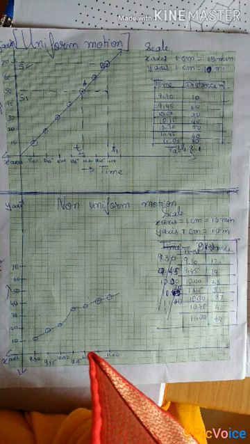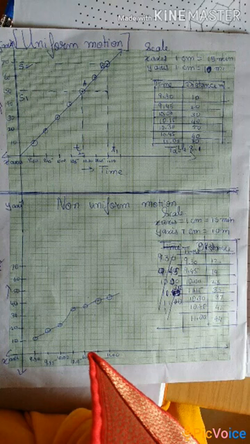On this page which is being displayed now, I have drawn two types of graphs. One is related to the object A, which has covered the distance. On the page, the uniform motion has been shown upside.